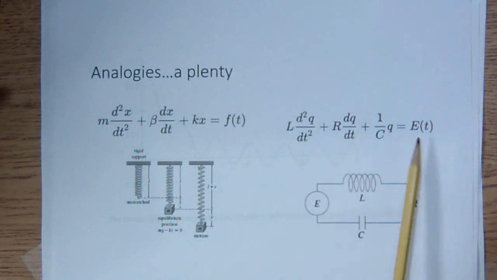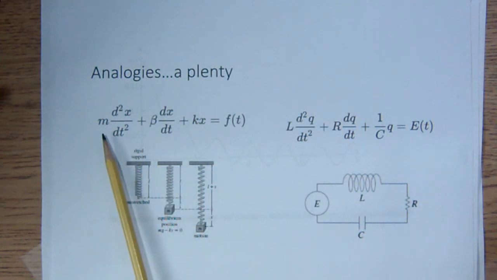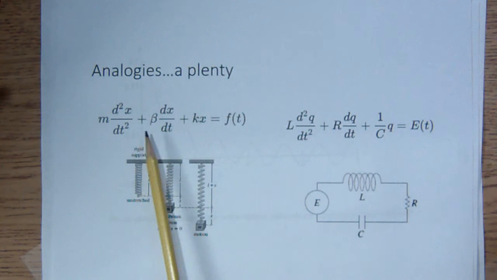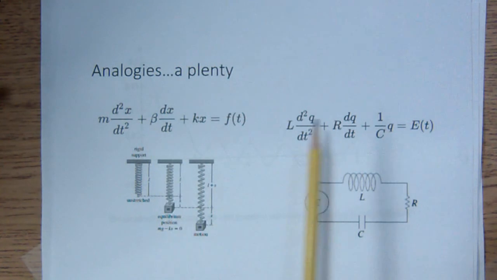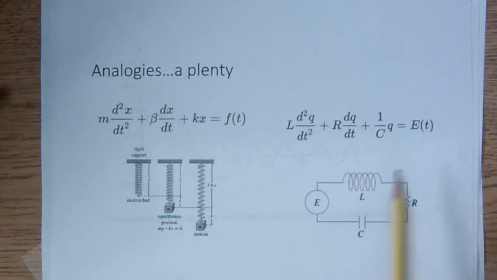And we see that this differential equation looks exactly like this differential equation. All you have to do is replace L and M. R is the resistance, which was what we talked about before, and you have the reciprocal of the capacitance there, and you see it really is exactly the same set of differential equations that you're going to solve.